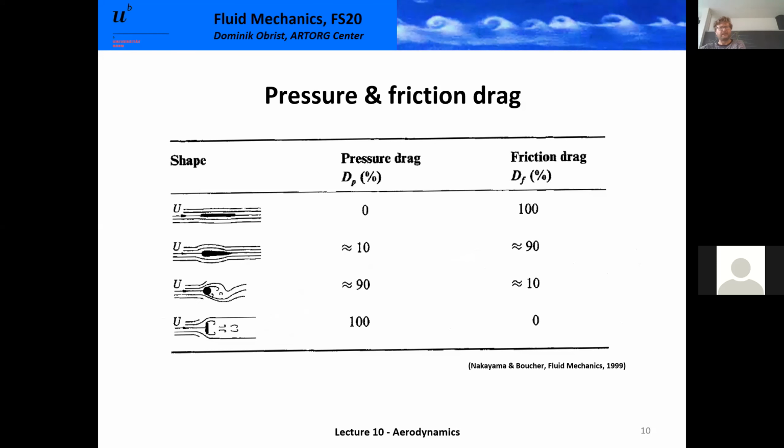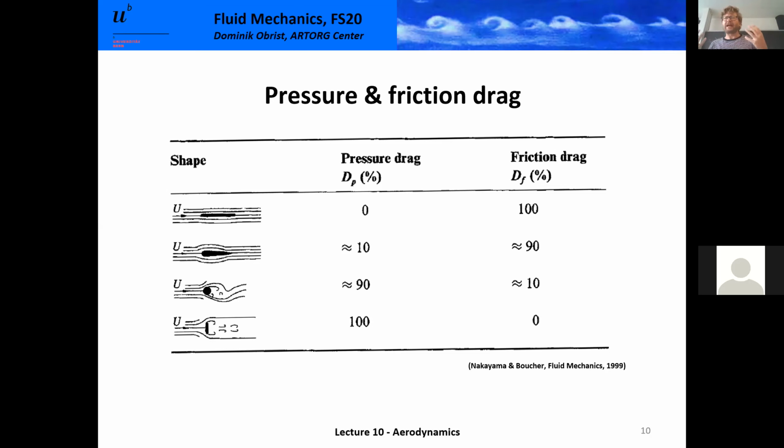What do we have here? We have a comparison for 4 different objects of the contributions of pressure drag and of friction drag to the total drag. So in the first example, where it's just a flat plate and nothing else, there is no wake because streamlines are not really displaced, maybe just a little bit of displacement thickness of the boundary layers, but that's it.